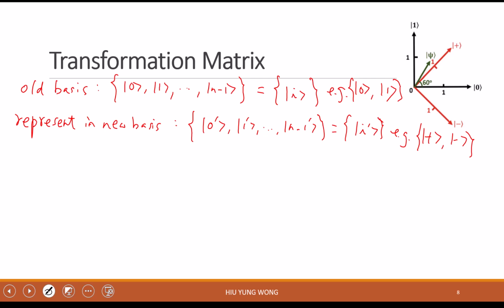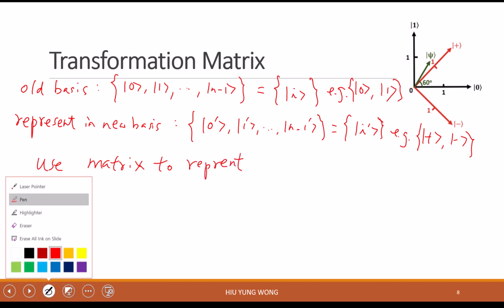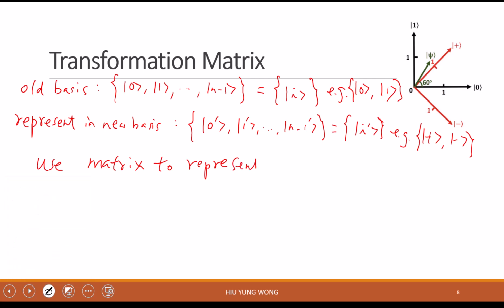Then you can use this matrix to represent a vector in the new basis.